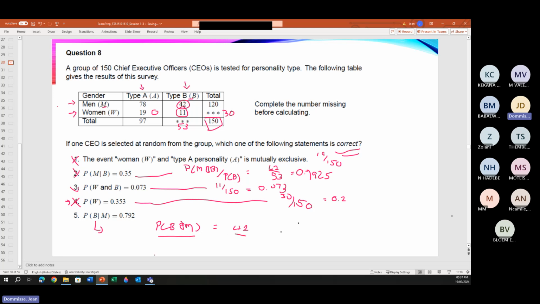And that divided by the probability of M. Probability of M is 120. So that will probably be then the 0.35, but let's just look. 42 divided by 120, 0.35.